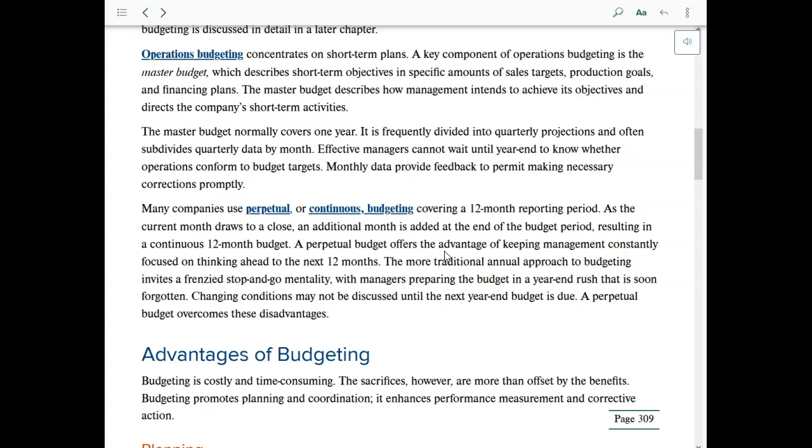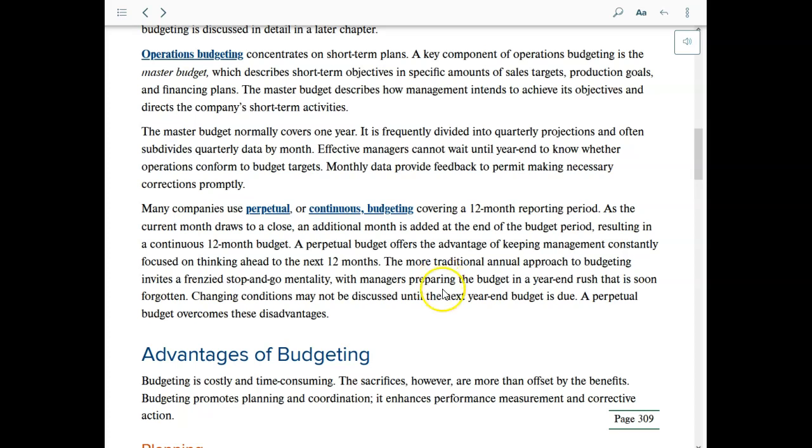They'll plan for it month by month. And if they have a perpetual or continuous budgeting process, they might have a budget for 12 months. But as one month ends, they'll add another month on the outer end of that in the future. So they always are looking forward 12 months.